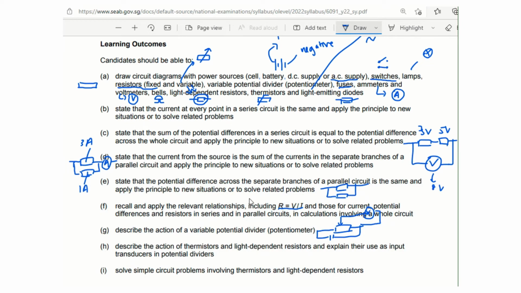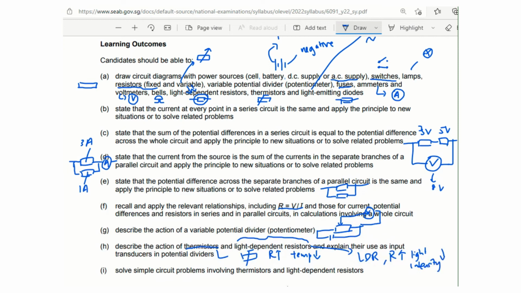But what you need to know is for thermistors, thermistors look like this. I talked about the symbol just now. For thermistors, the resistance increases when the temperature decreases. In general, for a typical thermistor, its resistance increases with decreasing temperature. For a light dependent resistor, which I call LDR, the resistance increases when the light intensity decreases.